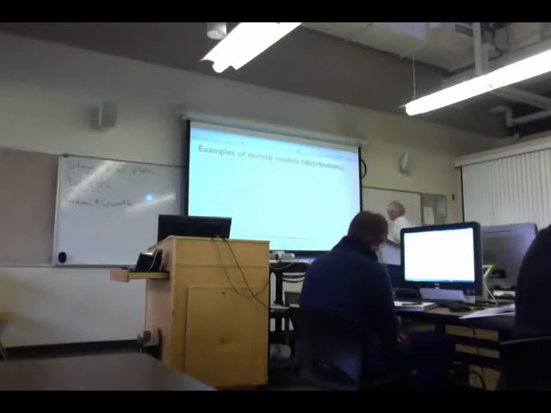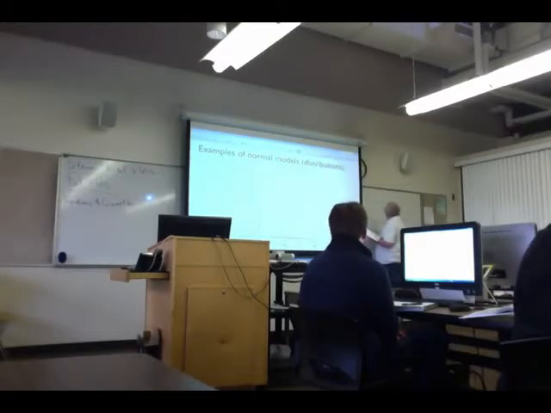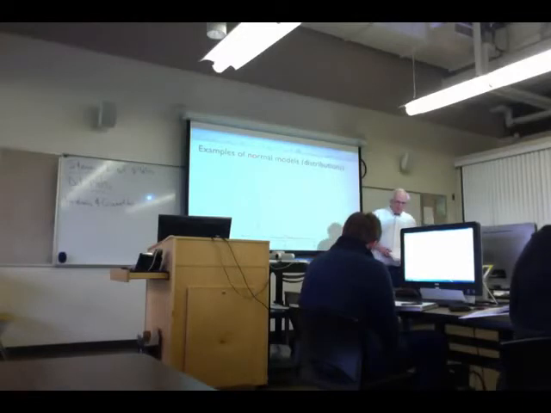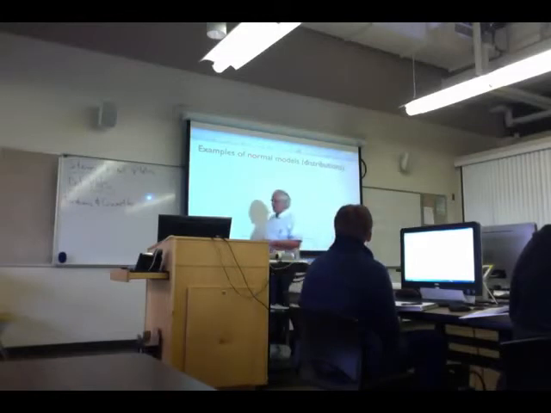We summarize that by putting an N followed by 100, followed by a comma, followed by 16. So if you see this, automatically we mean that mu is equal to 100 and sigma is equal to 16. Now, this uniquely defines a bell-shaped curve where the peak is above 100.